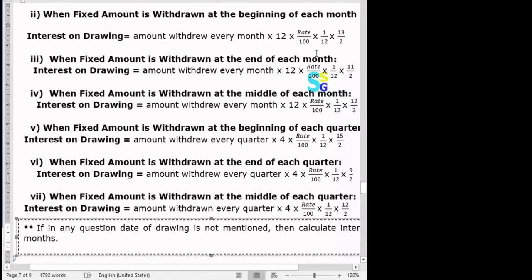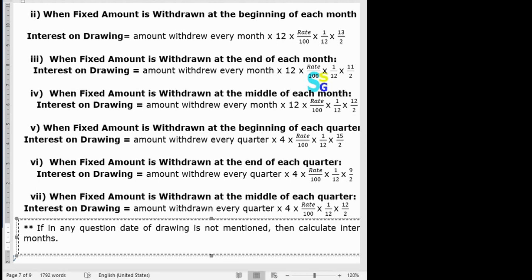If we just see here, we have a calendar, and what is the question? A fixed amount withdrawn at the beginning of each month. Consider that every month, on the first day of every month, the partner withdraws money: first day of January, first day of February, first day of March, and so on till December.